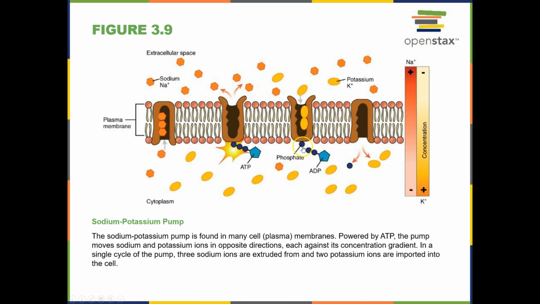That activation is what causes the sodium-potassium pump to change configuration again, opening to the inside of the cell. Potassium can no longer bind, so potassium is released. This opens up the room for sodium to bind again.